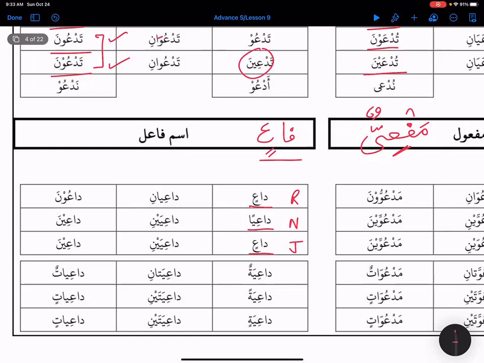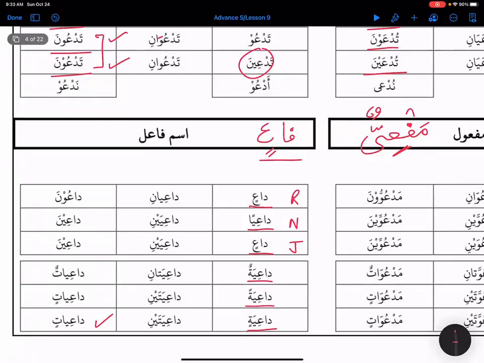And then the feminine would be da'iyatun, da'iyatan, da'iyatin. And then da'iyatani, da'iyataini, da'iyataini, da'iyatun, da'iyatin, da'iyatin. What would be the meaning of da'iyatin?